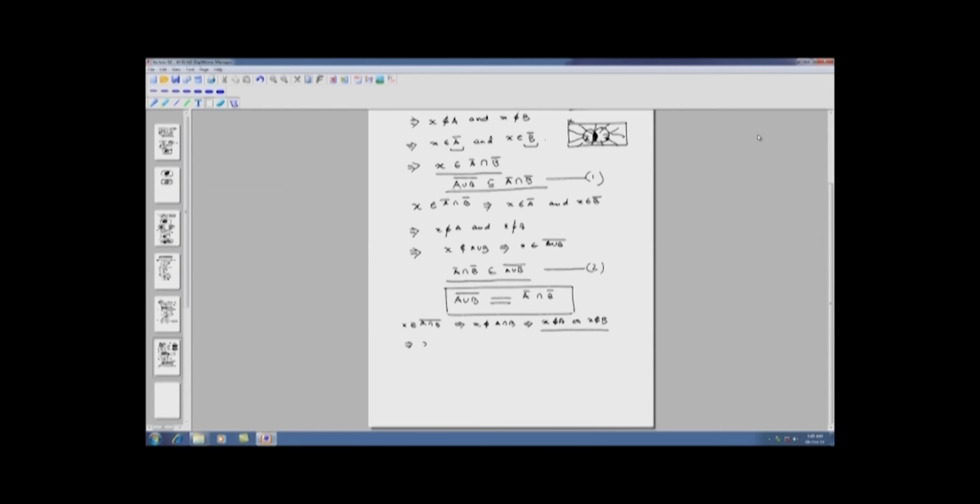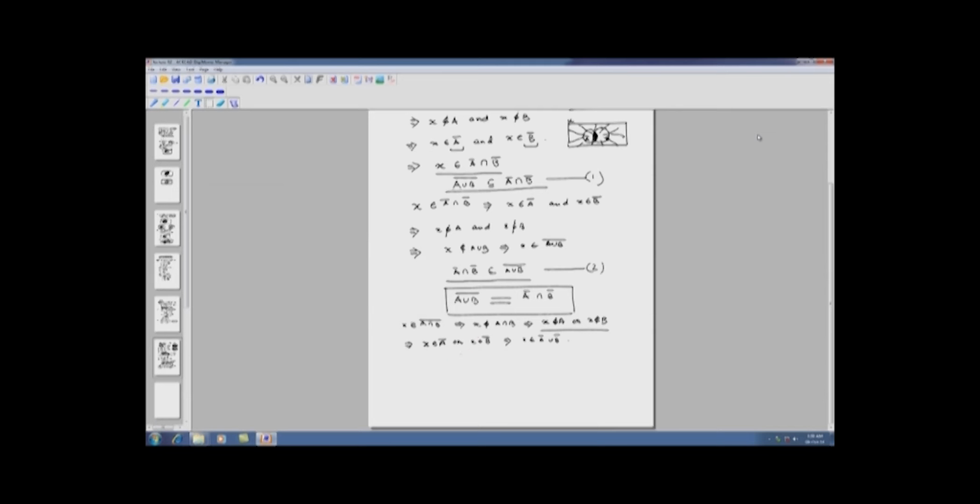Therefore, x can be anywhere over here, and that is expressed by this, but this means that x belongs to A complement or x belongs to B complement, which means that x belongs to A complement union B complement.